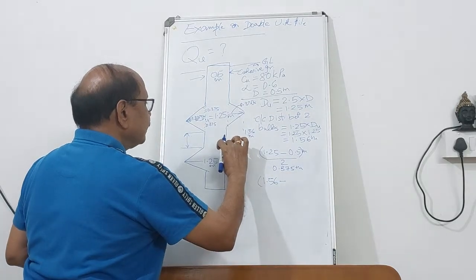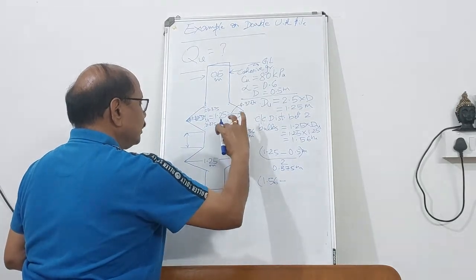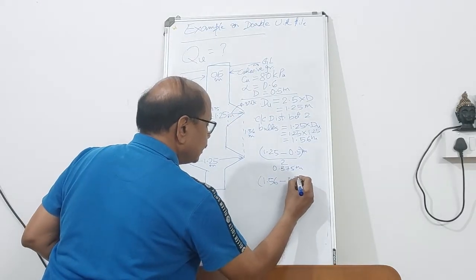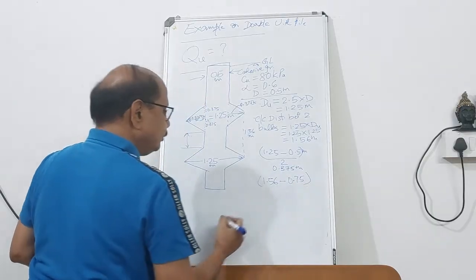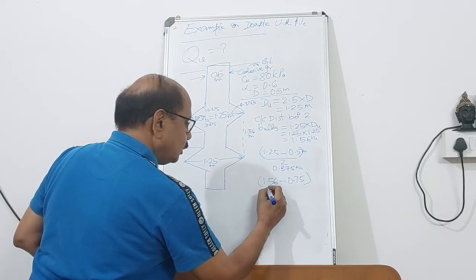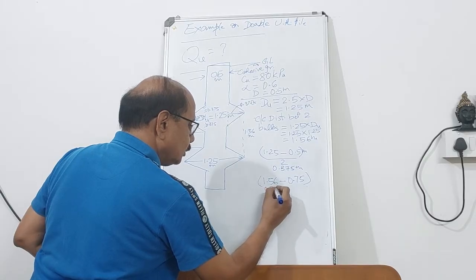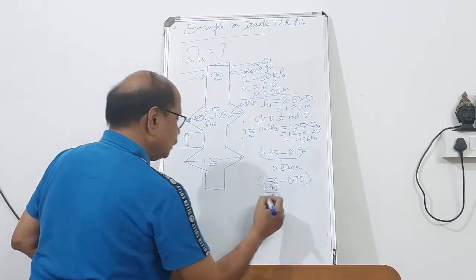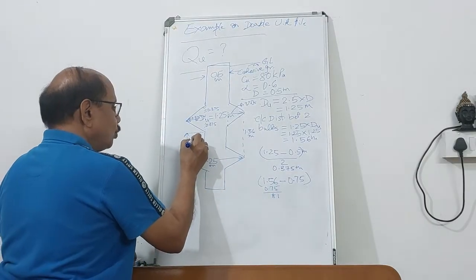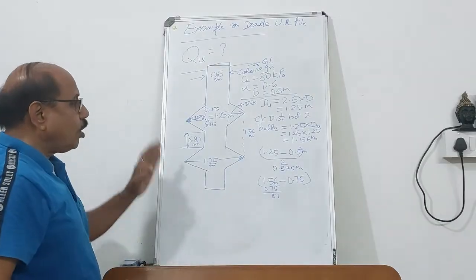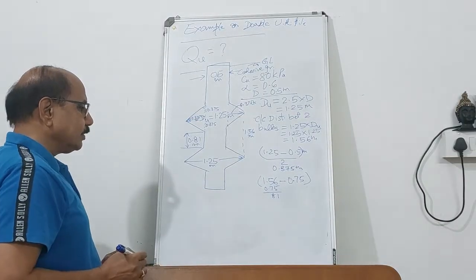So if you deduct 0.75, naturally you get this. So this becomes 0.81 meter. So simple. All dimensions must be calculated.